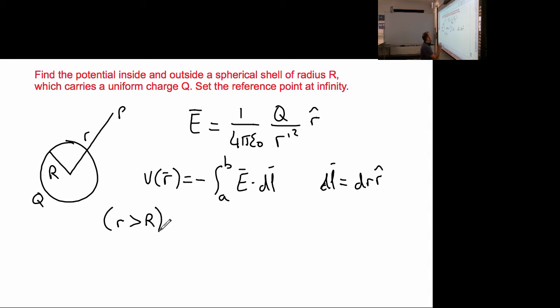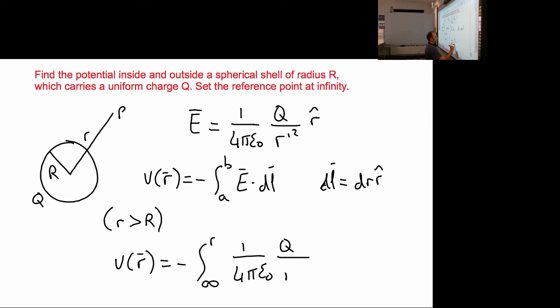So here we have V of r will be equal to minus the integral from infinity to little r of 1 over 4 pi epsilon naught Q over r prime squared dr prime. Okay, so this is for outside.